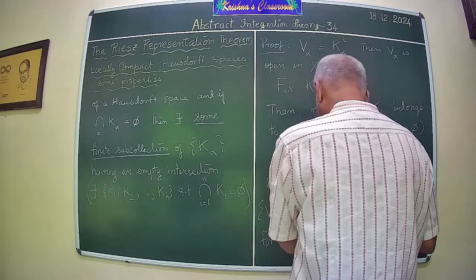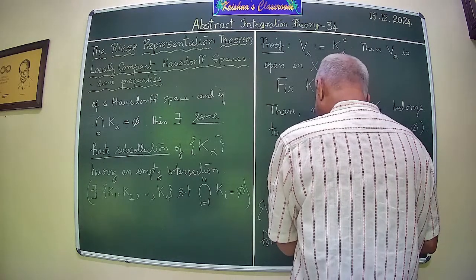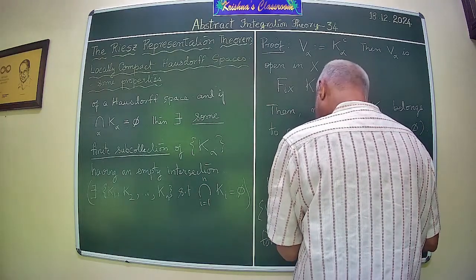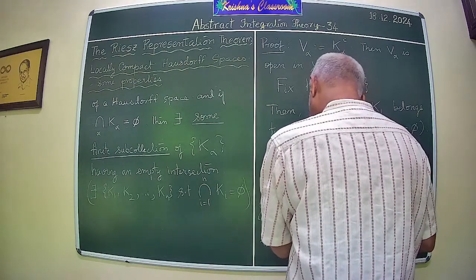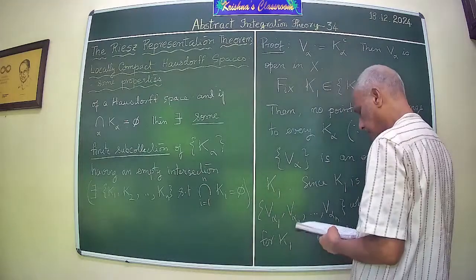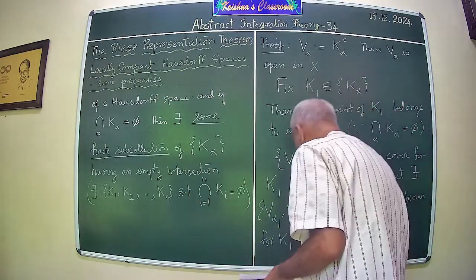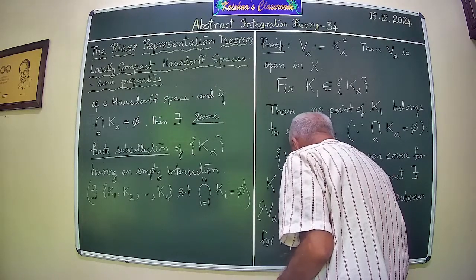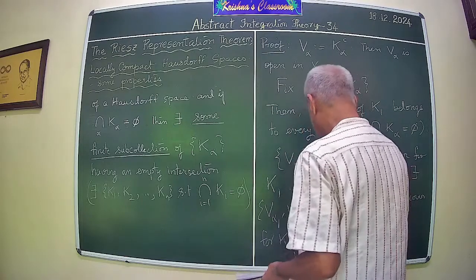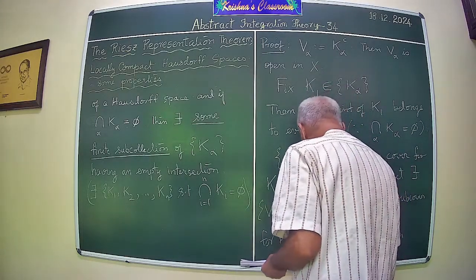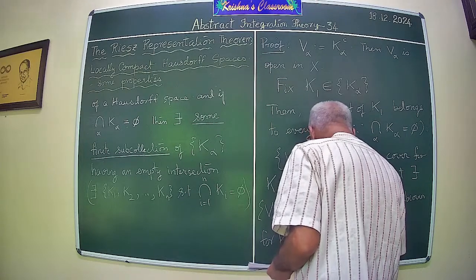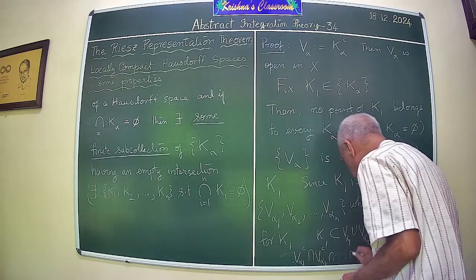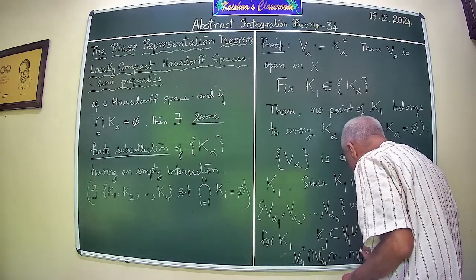Therefore, now look at this one: V alpha 1 complement intersection V alpha 2 complement, etc., intersection V alpha n complement.